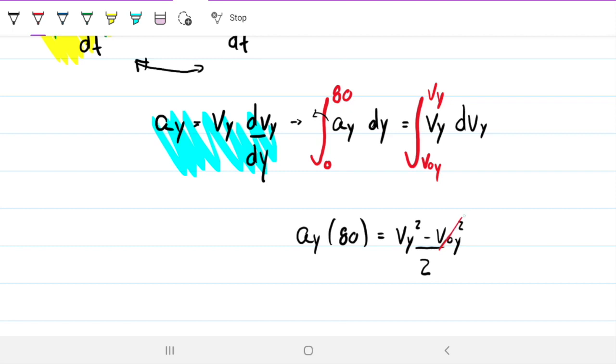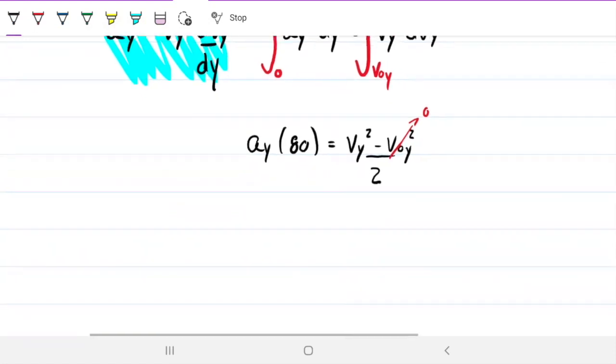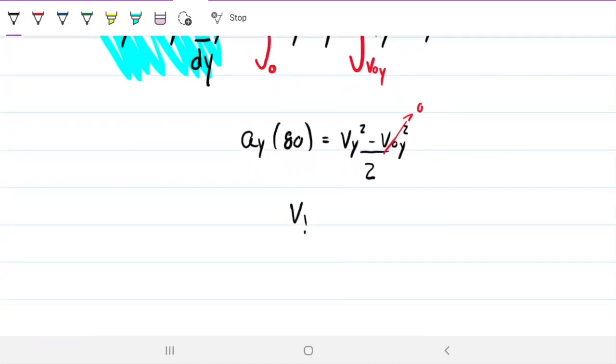We know v naught is 0 already, so we can get rid of it. In other words, v_y, the final velocity when the water finally hits the ground, will be the square root of 2 times a_y times 80, where a_y is gravity.